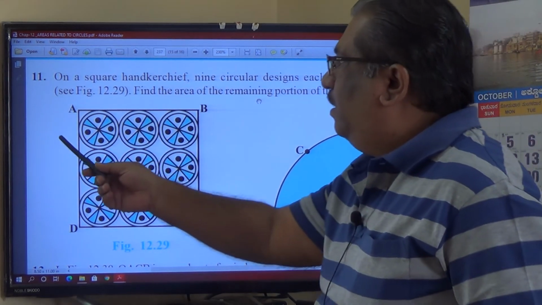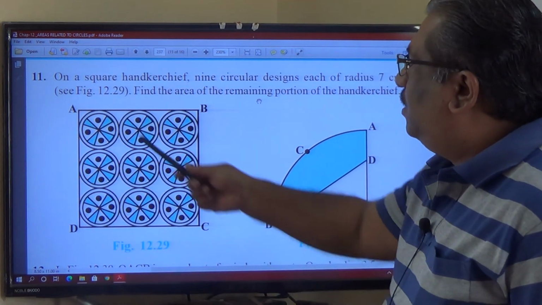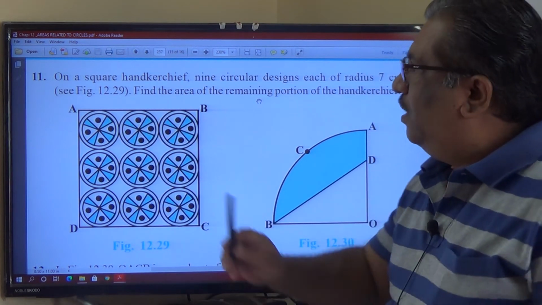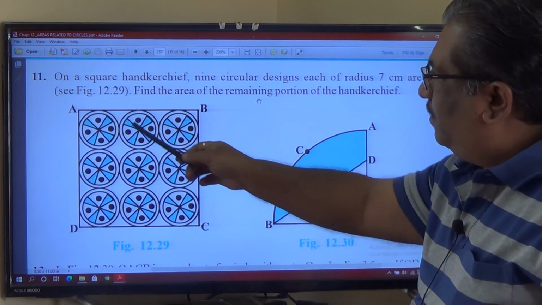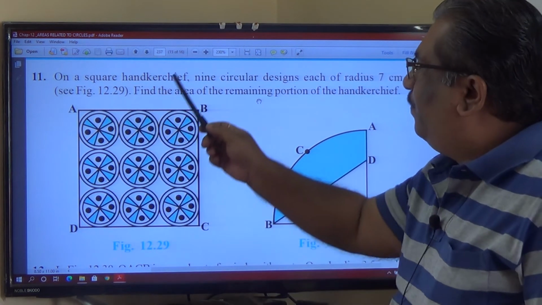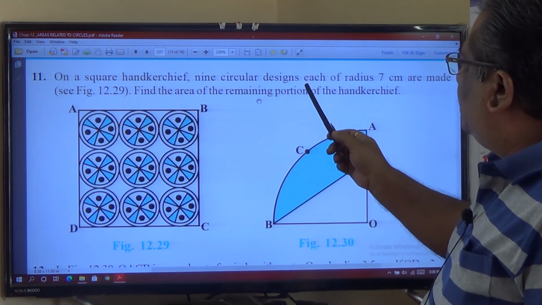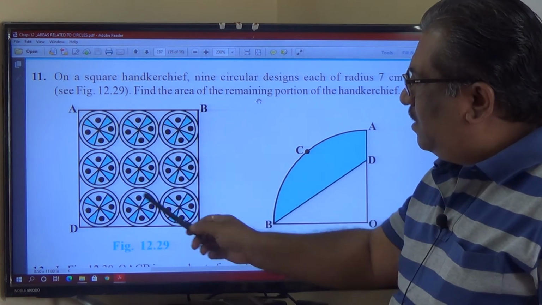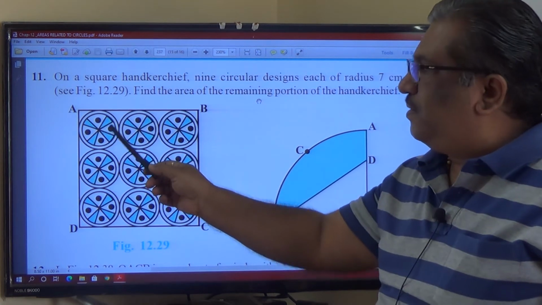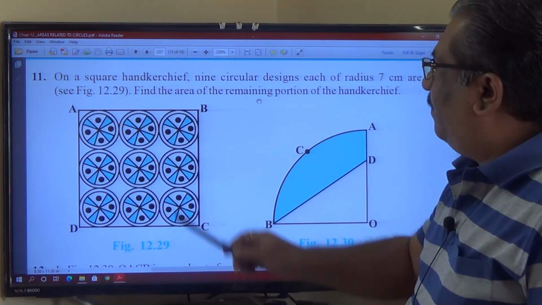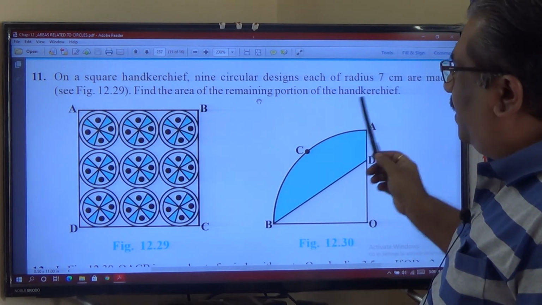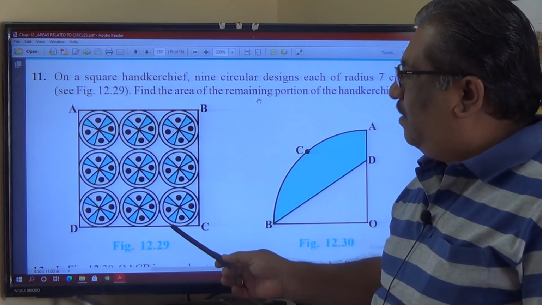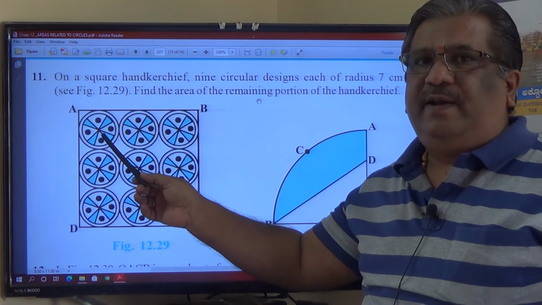Question number 11, this is 12.29. Question number 11 refers to this diagram. On a square handkerchief, this ABCD is a square handkerchief, 9 circular designs, each of radius 7 centimeter, are made. These are the circular designs, and the radius of each circle is 7 centimeter. Find the area of the remaining portion of the handkerchief. So the remaining portion is area of the square minus 9 times area of the circle.